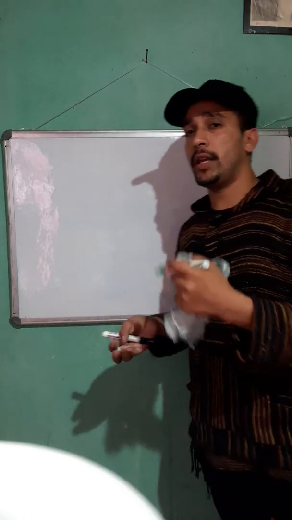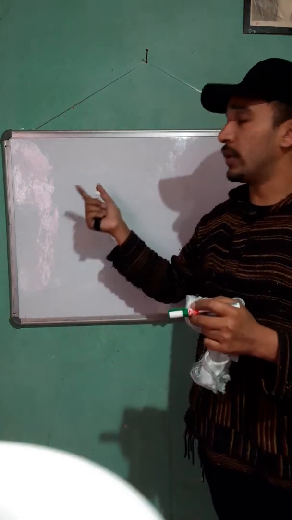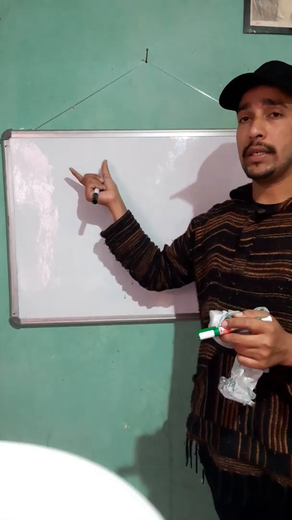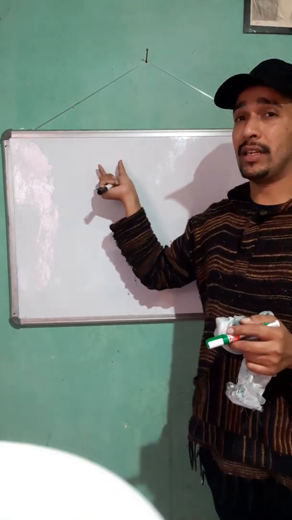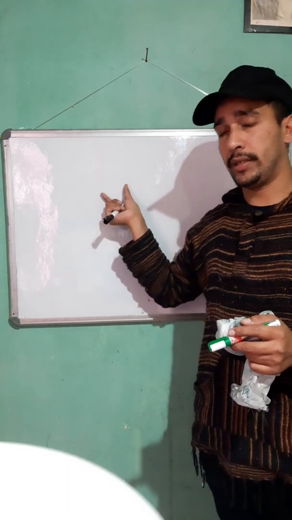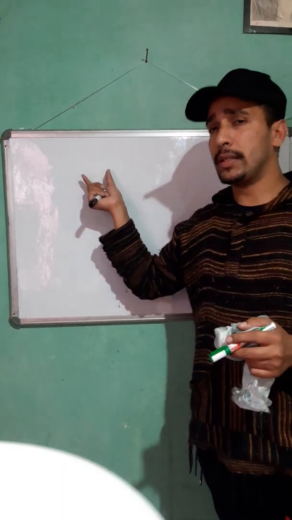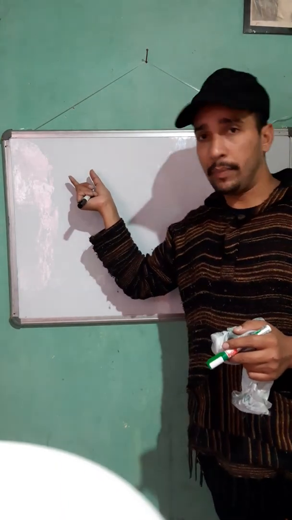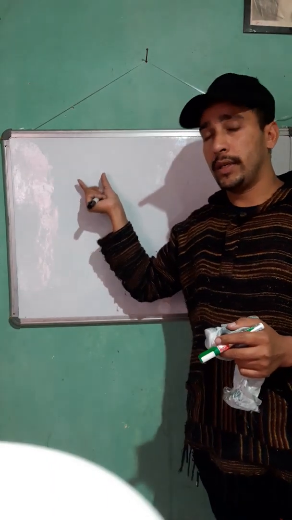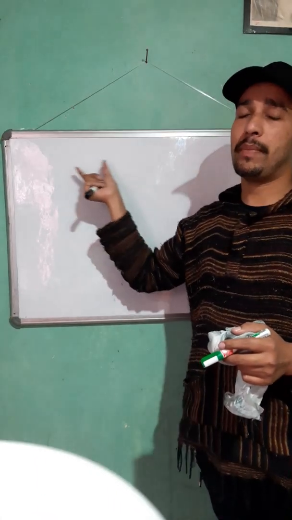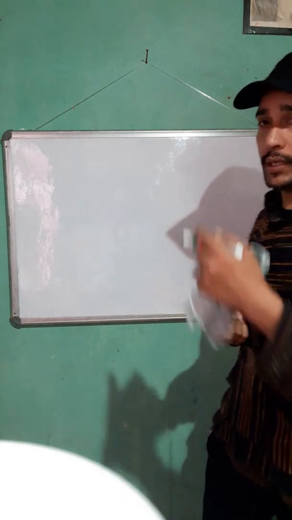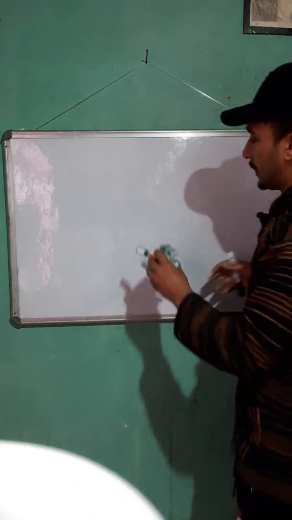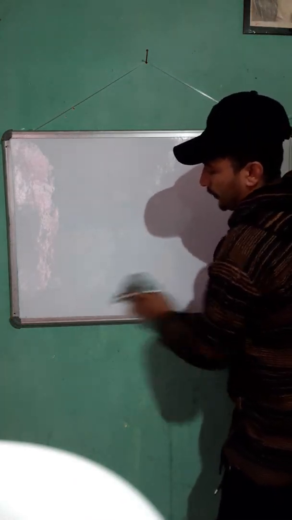Number C, most of them form colored ions. Number D, the actinides of inner transition elements show the property of radioactivity. Radioactivity means the special property of some elements to emit particles like alpha particles, beta particles, and gamma particles, which you will study in another class, class 10.